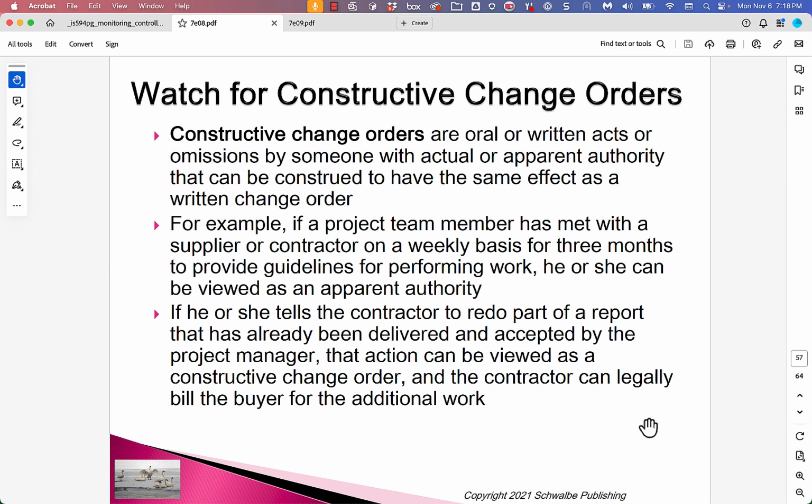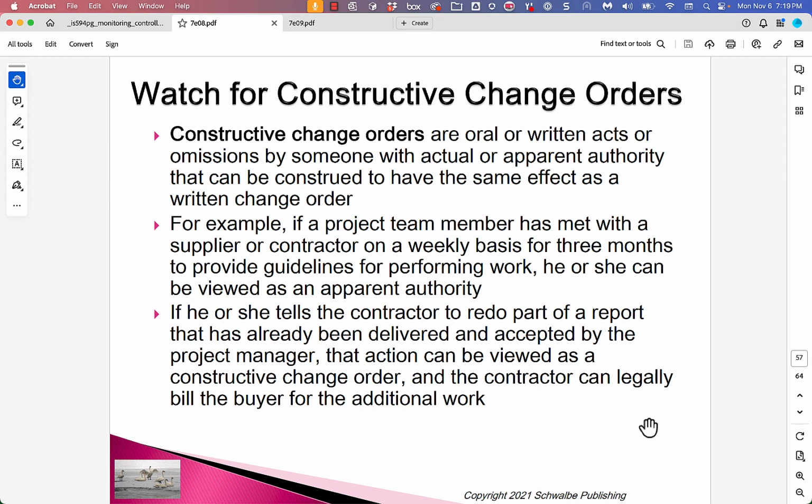So a change order, when it's written, is typically some kind of document that documents a change to the agreed-to deal, and it gives permission to the team to make the change, and it usually includes an adjustment in the cost or the schedule or both.